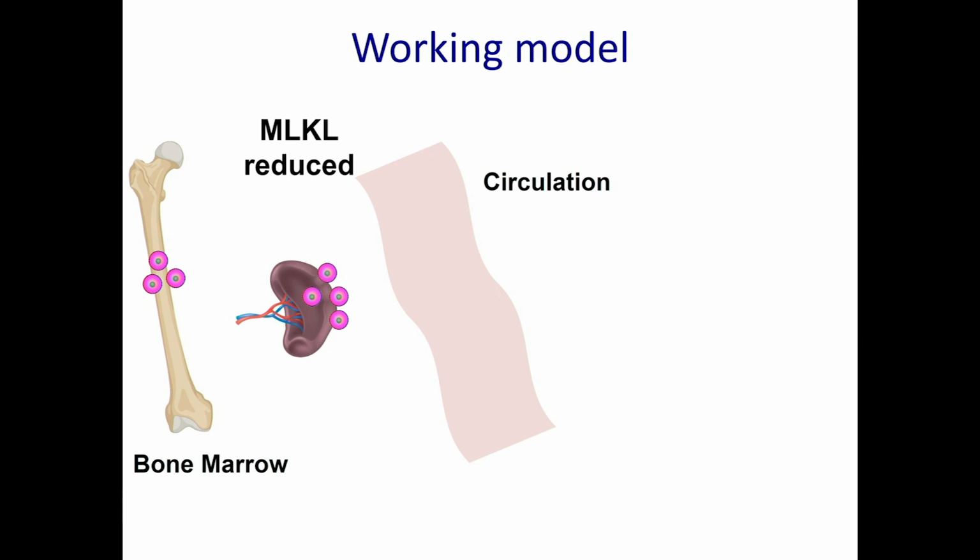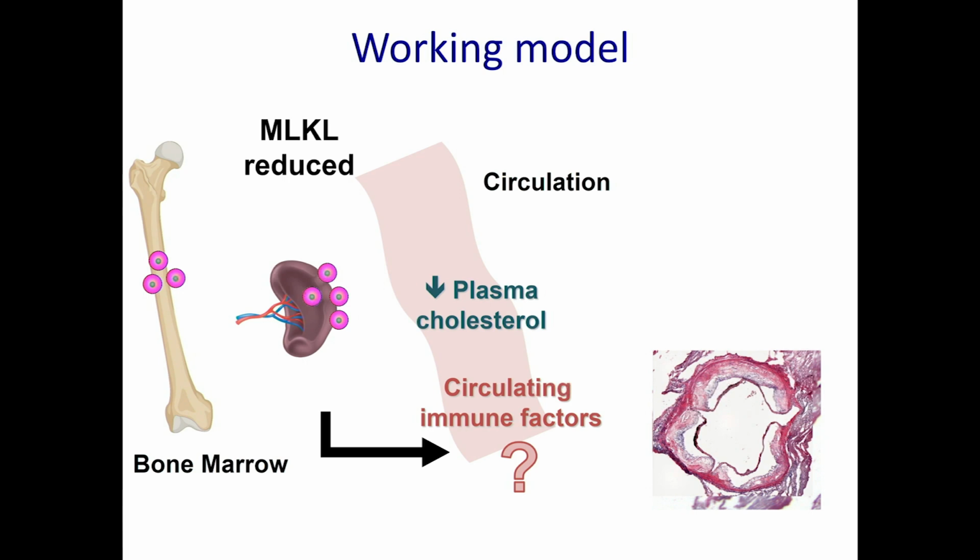And then once MLKL is gone, whether it be in our model where we've knocked it out, or when you have a high-fat, high-cholesterol diet and you see reductions, these monocytes potentially enter the circulation and contribute to the atherosclerotic plaque. The plasma cholesterol part of it, we don't know. In fact, there are models where if you see expansion of immune cells, in various leukemias, for example, you actually do see a reduction in plasma cholesterol because the immune cells are eating up all the cholesterol in the circulation.